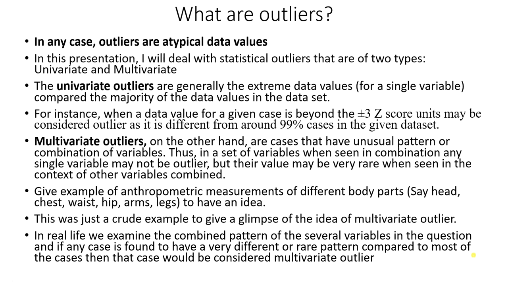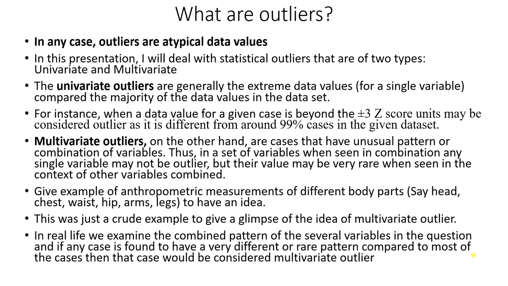Univariate outliers, as the name suggests, are outliers for a given single variable, and may be considered the extreme data values for a single variable obtained by a case or a few cases.